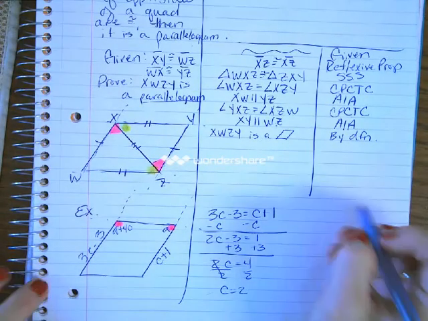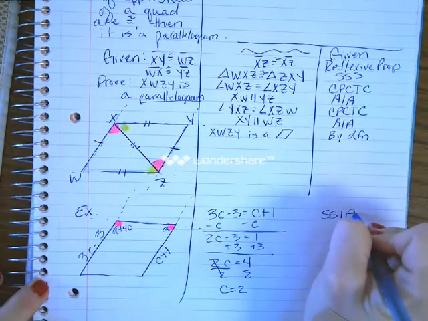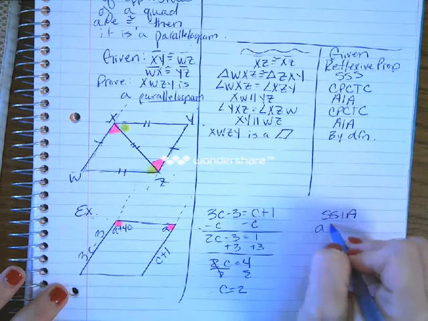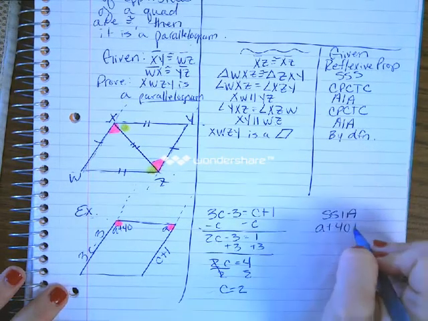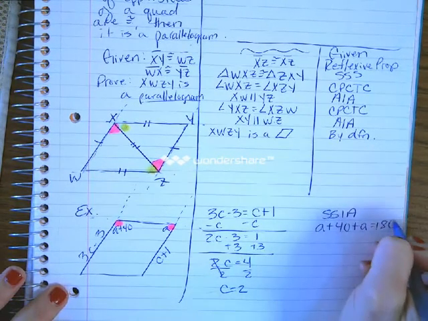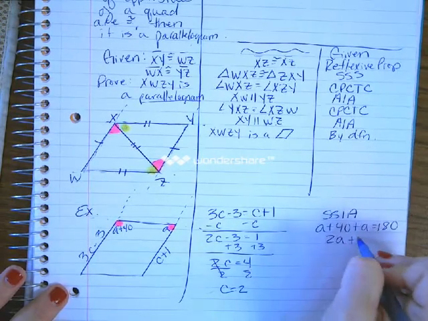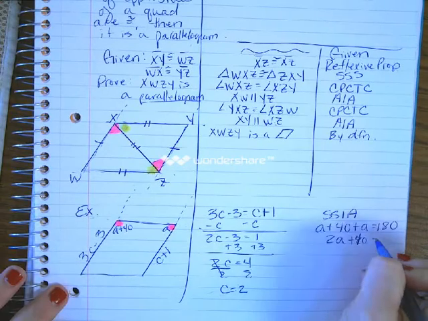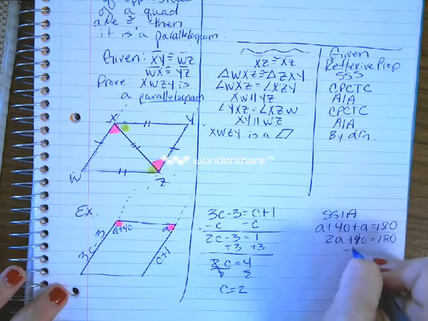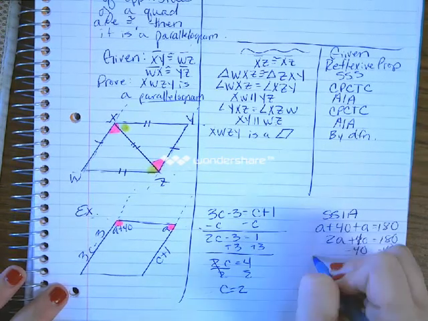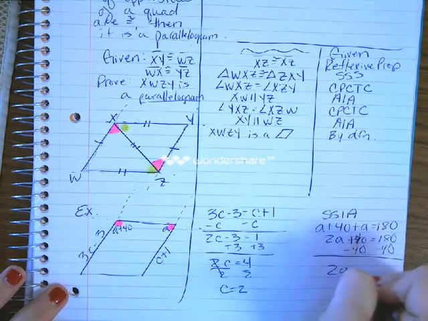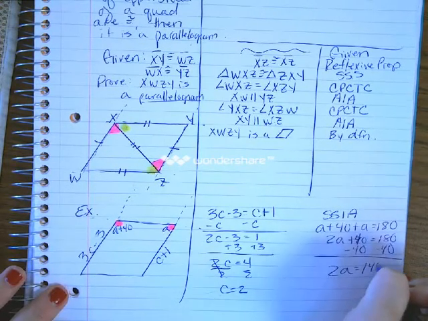So A plus 40 plus A equals 180. Supplementary means 180. Combine your like terms. Subtract 40. And divide by 2. And you get 70.